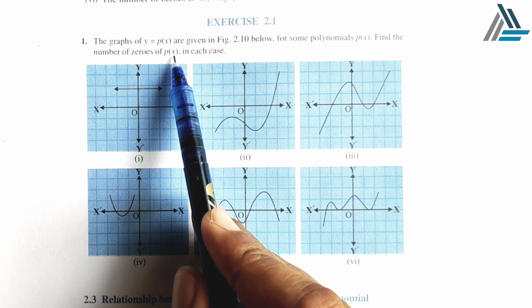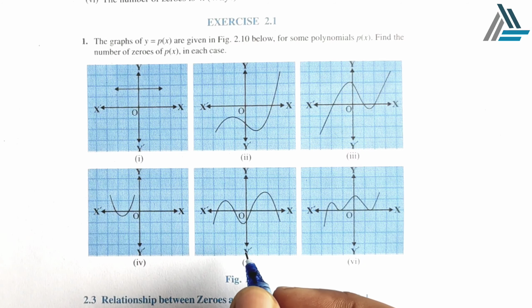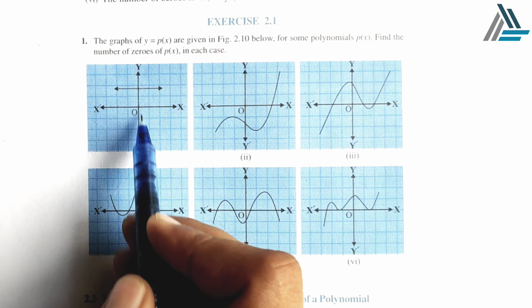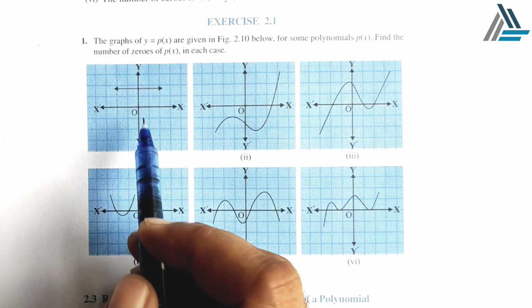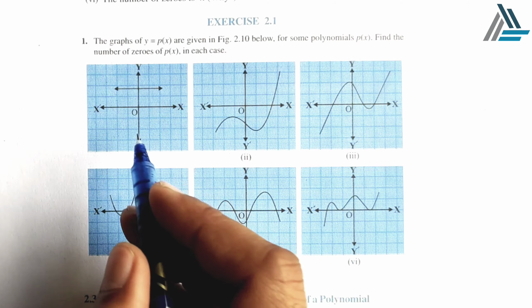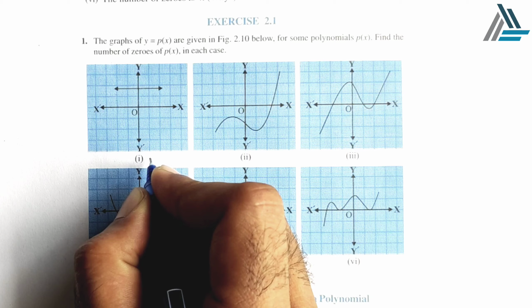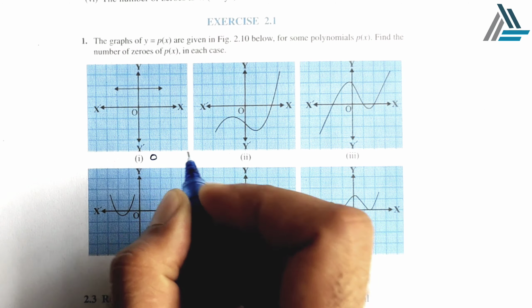Find the number of zeros of p(x) in each case. Look at the first graph. The number of zeros in this case is 0, meaning no zeros.